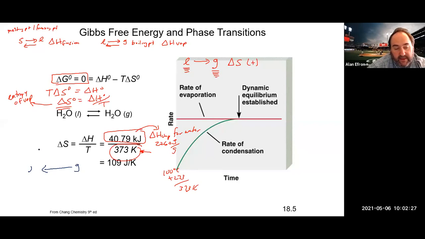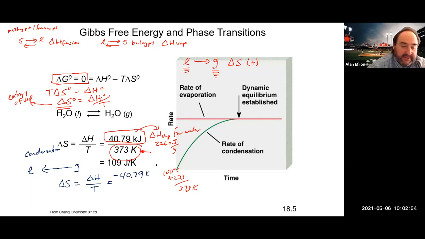You could find the entropy of condensation if you want by basically doing the exact same calculation. But what would be different here is the entropy, I'm sorry, the enthalpy of vaporization would actually be a negative number, right?